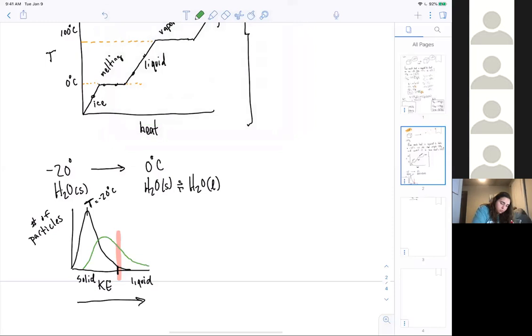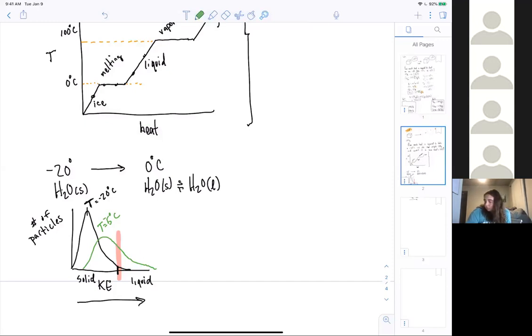I'm making this really dramatic, but let's say we're getting really close now. So T is equal to minus 5 degrees Celsius. Now we start to see that more particles actually have enough energy to become liquid, but we're not at the melting point yet. There's maybe a film of liquid water that you see on the exterior of the ice cube or whatever.